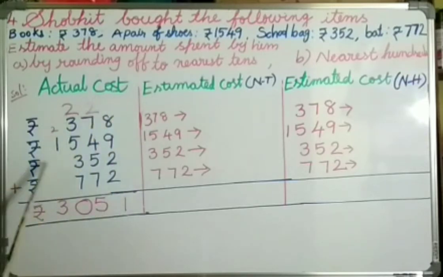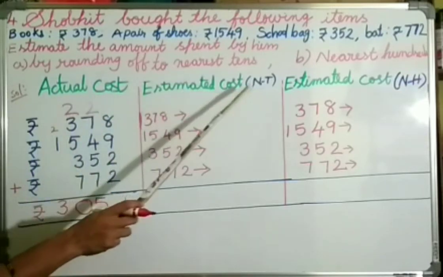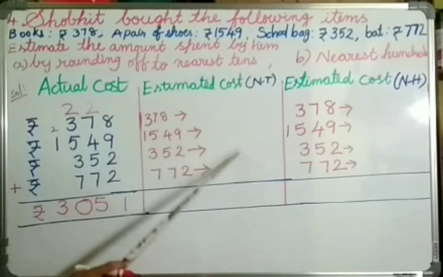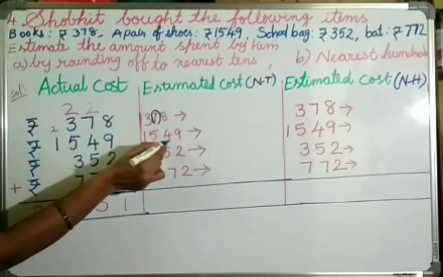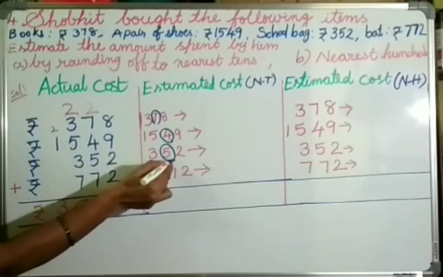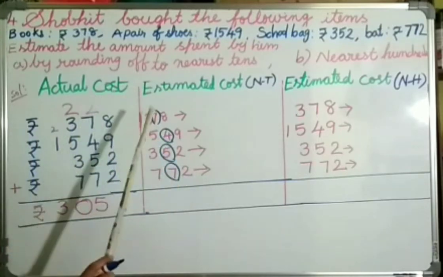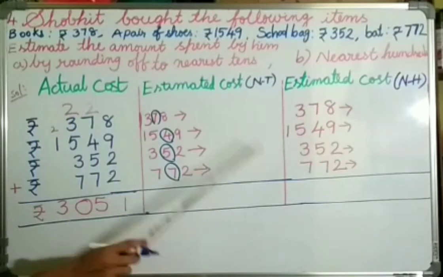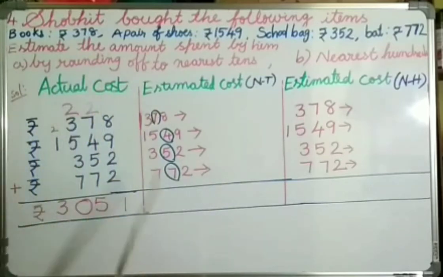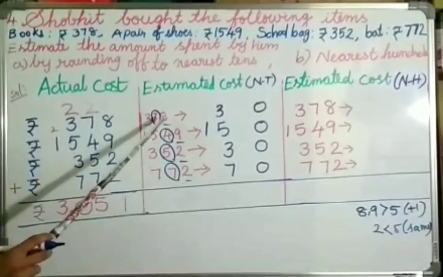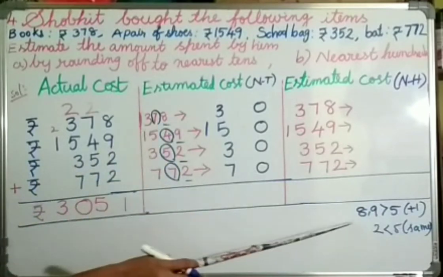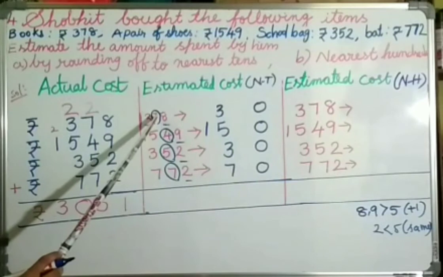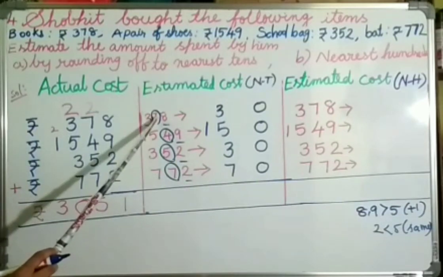Now we have to find the same cost to the nearest tens. For that, first we circle the tens place, write 0 for the right side digit, and keep the left side digits as they are. You have to observe the digit after the circled digit. Here 8 is greater than 5, so we increase the tens place.